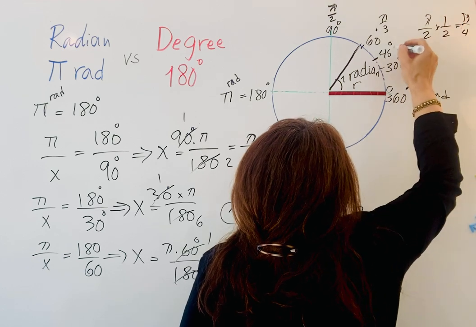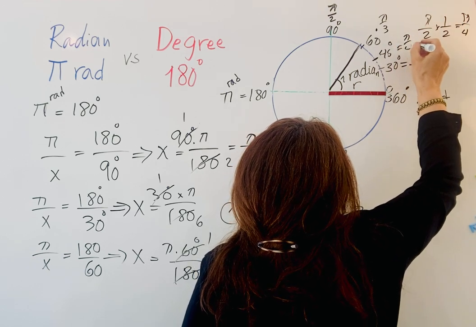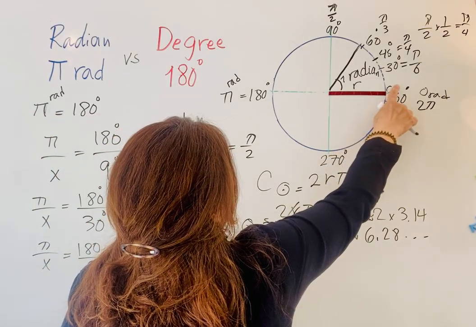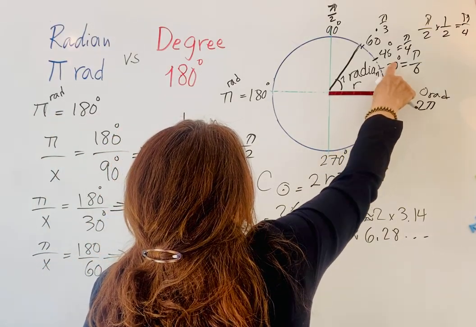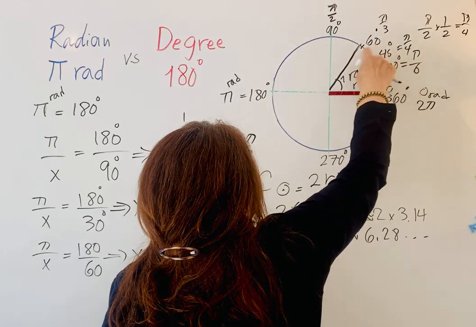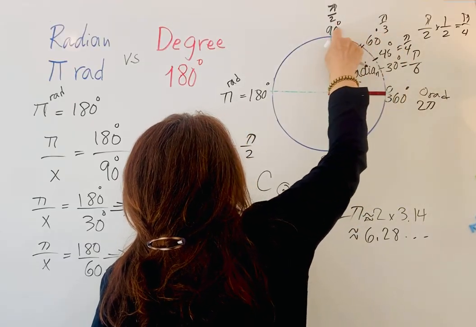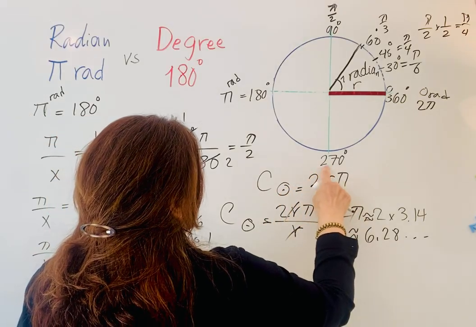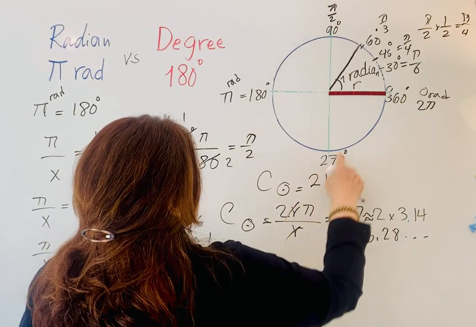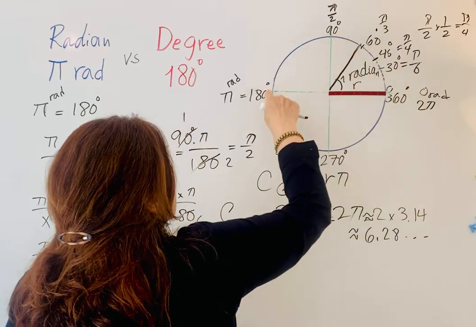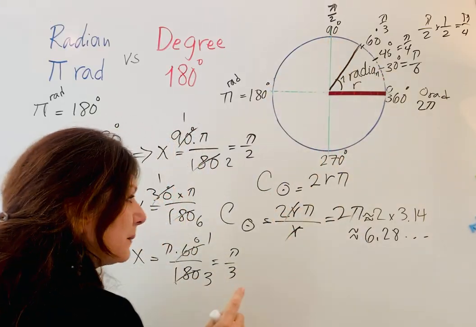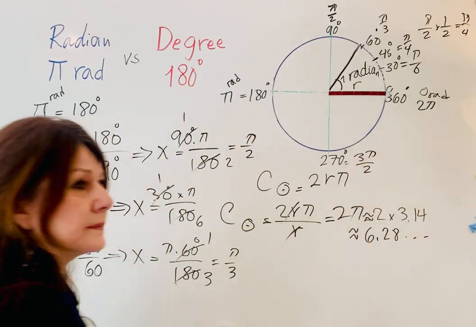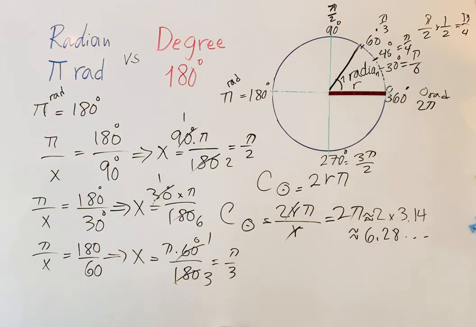So 45 degrees is pi over 4. 0 or 2 pi, 30 degrees pi over 6, 45 pi over 4, 60 degrees pi over 3, pi over 2, and so on. How about 270 degrees? We can say pi over 2, pi over 2, pi over 2, 3 pi over 2.